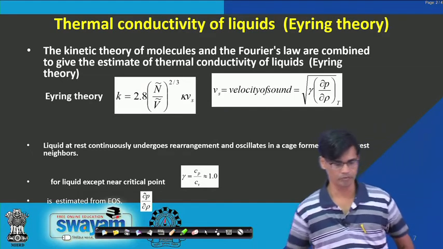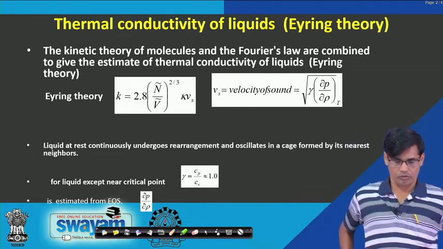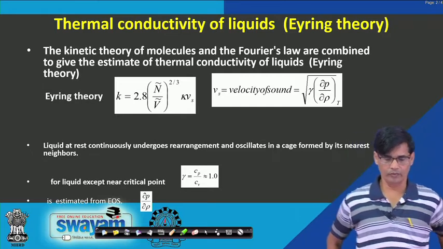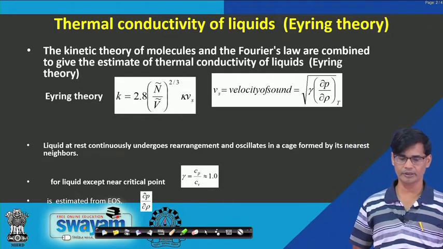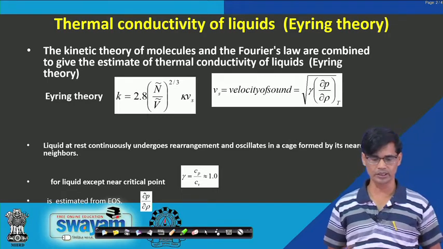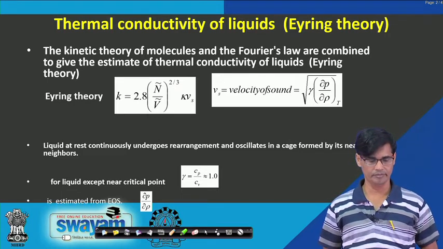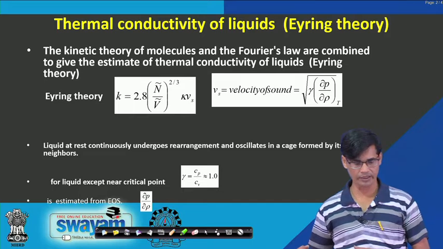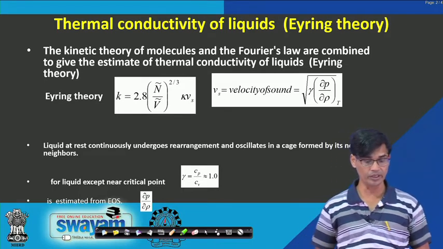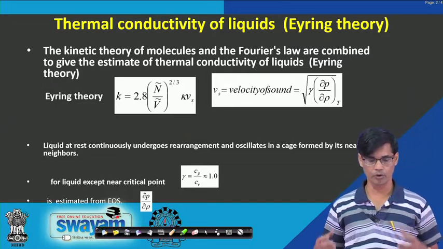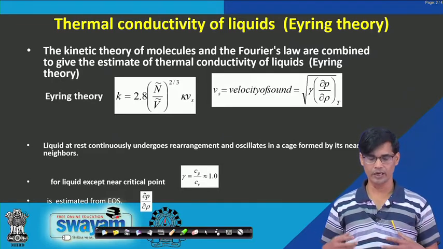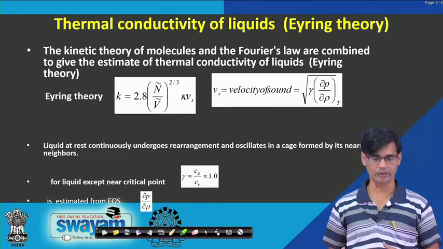Okay, so unlike the case of solid, for the case of liquid we can apply the Fourier law in combination with the kinetic theory of molecules. Both can be combined together to find out the thermal conductivity.